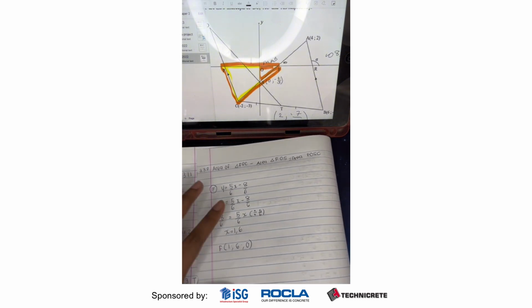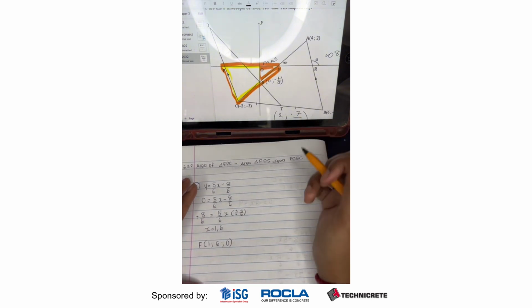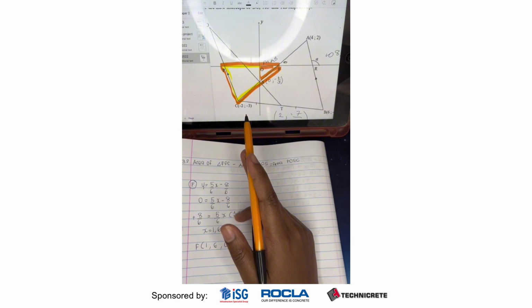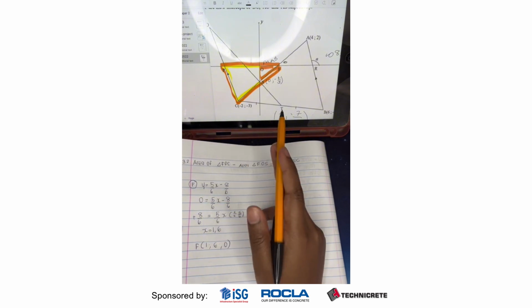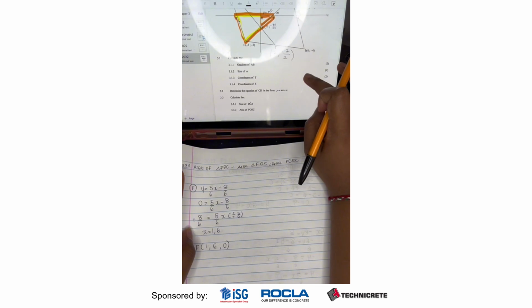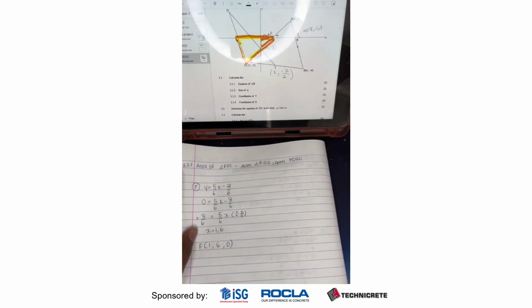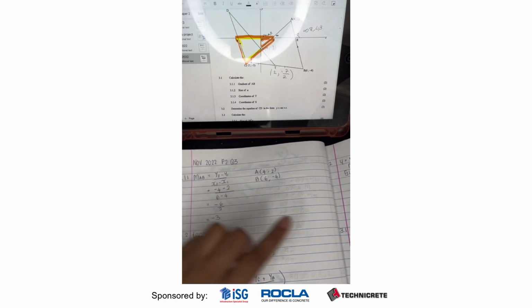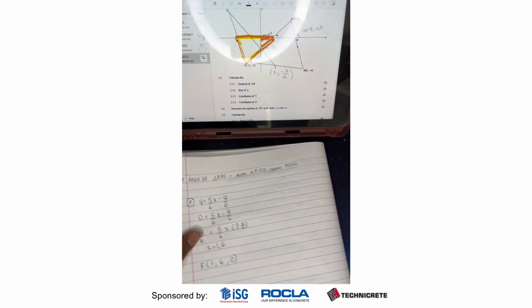Okay. O is 0. We know S. We know C. And what's P? How would we find P? Oh, we found the equation of CD in our previous question, and we found it to be y equals negative 3x minus 9.